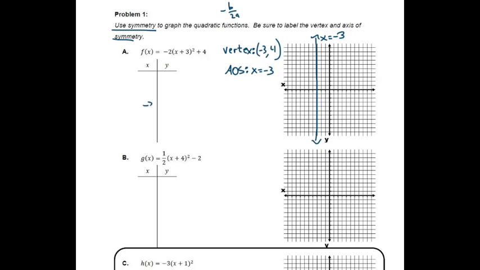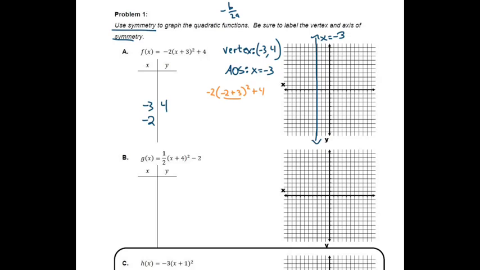Okay, so -3, 4. Well, if I plot x as -2, let's solve for that real quick. Plug in -2 for x, so -2 plus 3 squared, times -2, plus 4. -2 plus 3 is 1, squared is 1.